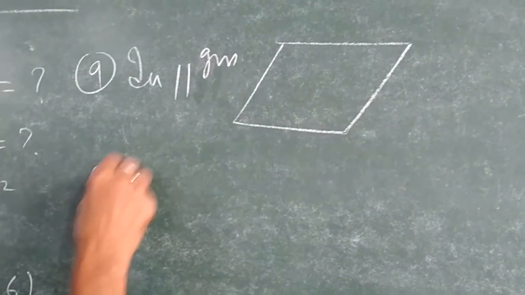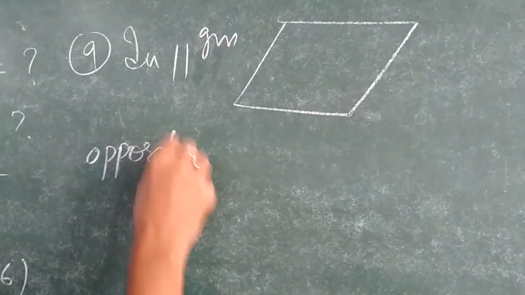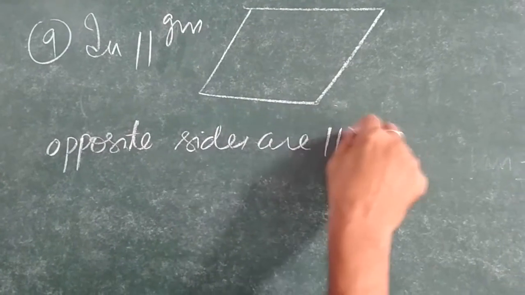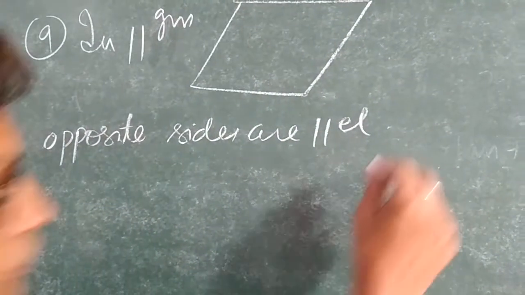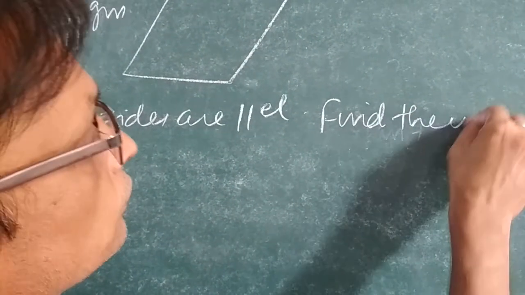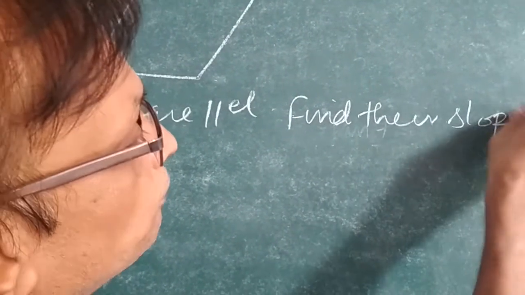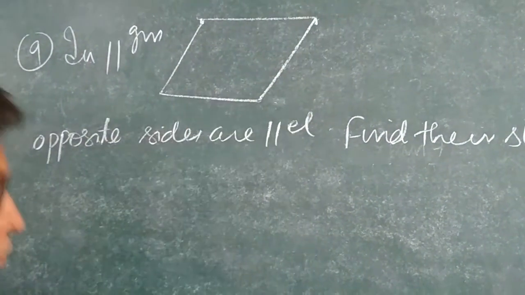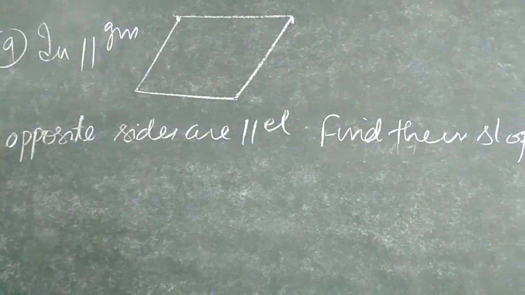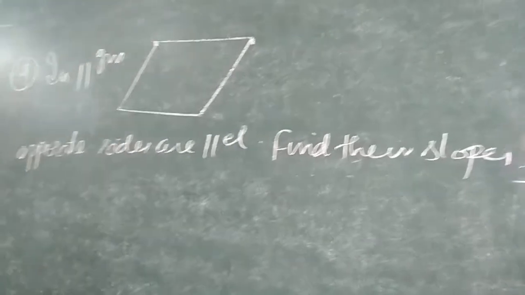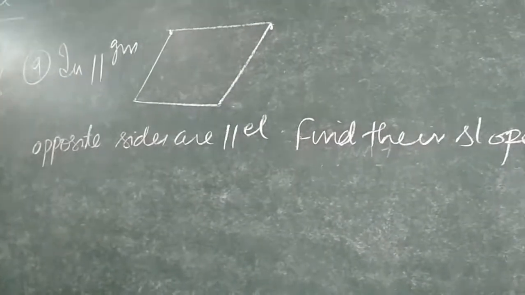Opposite sides are parallel. Find their slopes. Students, what you have to do: all four points are given. You have to find their slopes and then you decide the opposite sides are parallel because their slopes are the same.